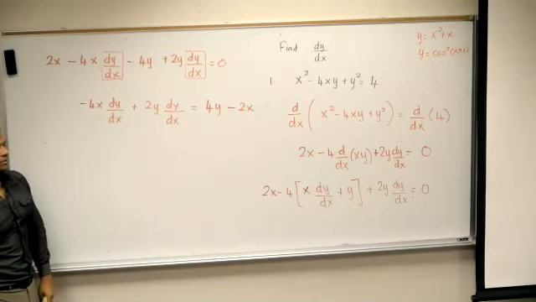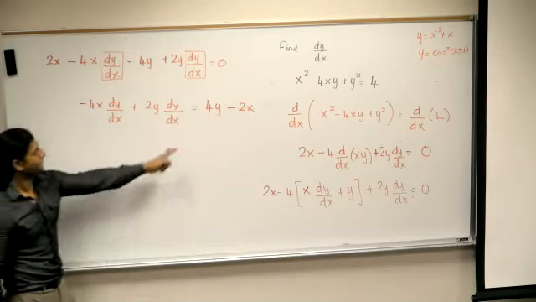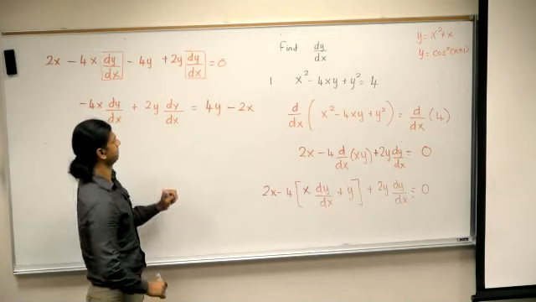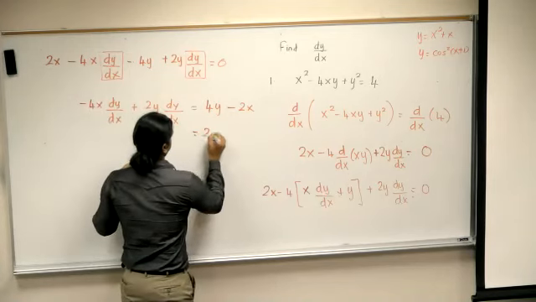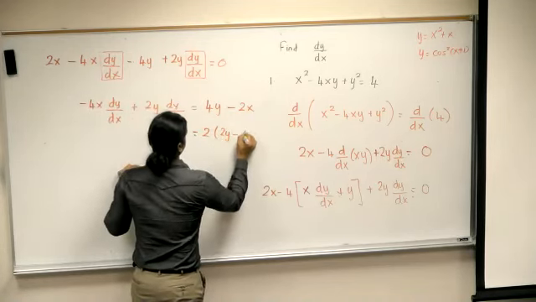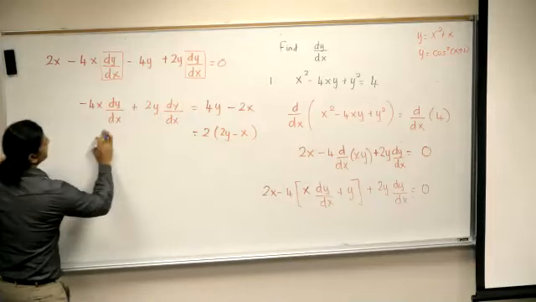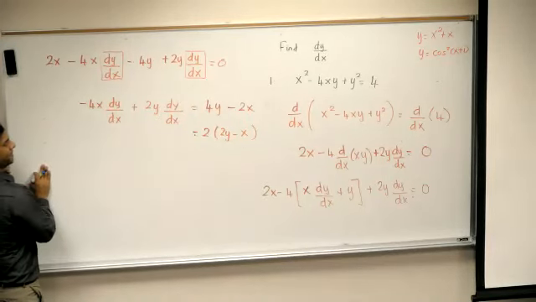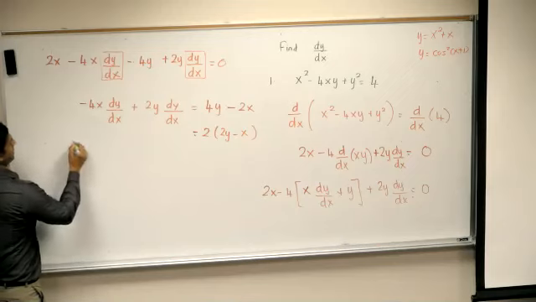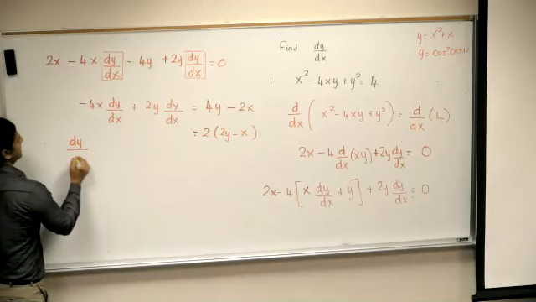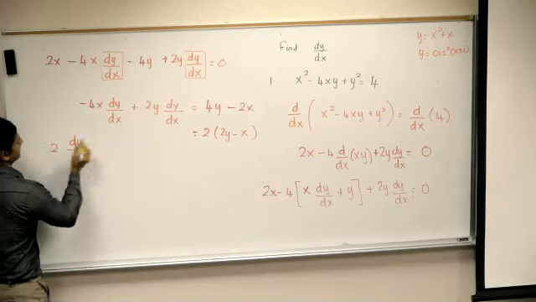What do I have in common over here? 2. What do I have in common over there? dy over dx, and 2.